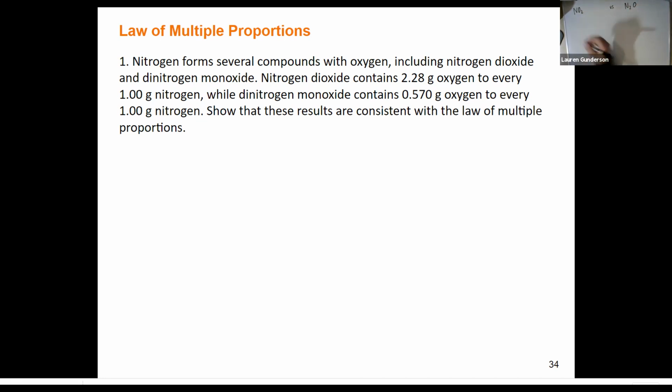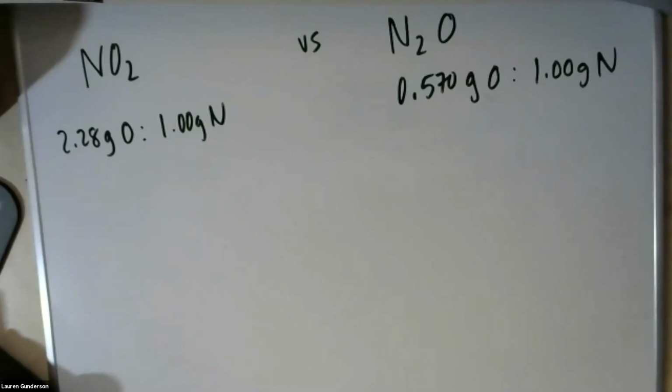Nitrogen dioxide contains 2.28 grams of oxygen for every 1 gram of nitrogen. And dinitrogen monoxide is 0.570 grams of oxygen, sorry, for every 1 gram of nitrogen. We want to show that these results are consistent with the law of multiple proportions.